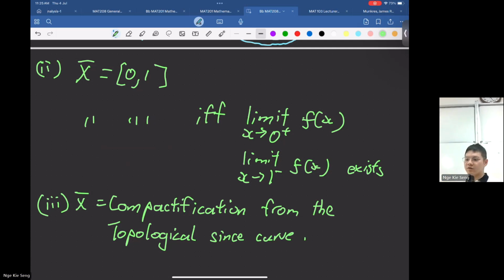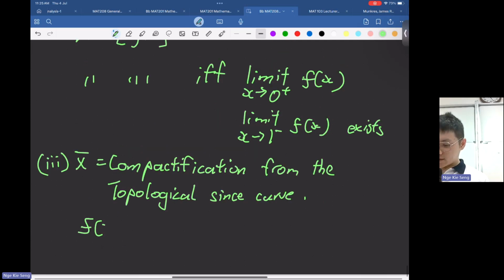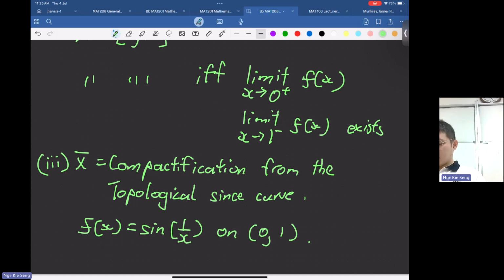Yesterday I said that this compactification helped us to extend the map f(x) equals sine 1 over x on 0, 1. This compactification helped us to extend this map on the domain 0, 1. This is what we left yesterday.